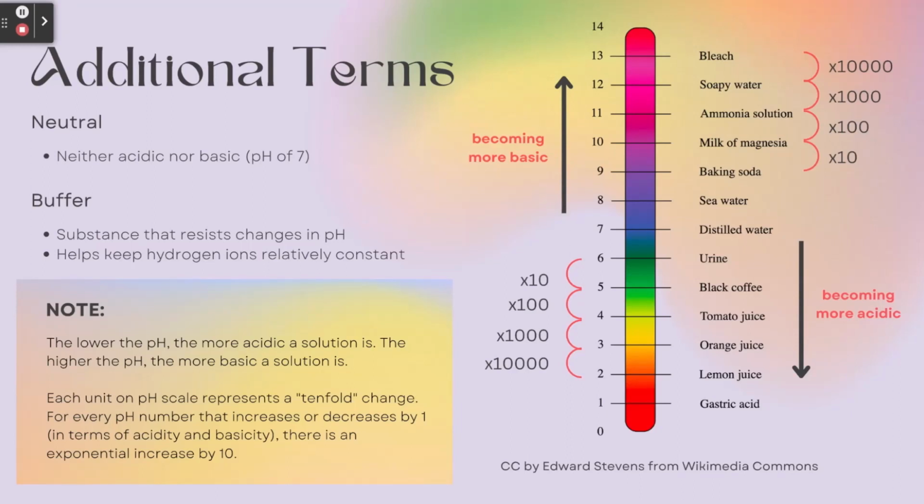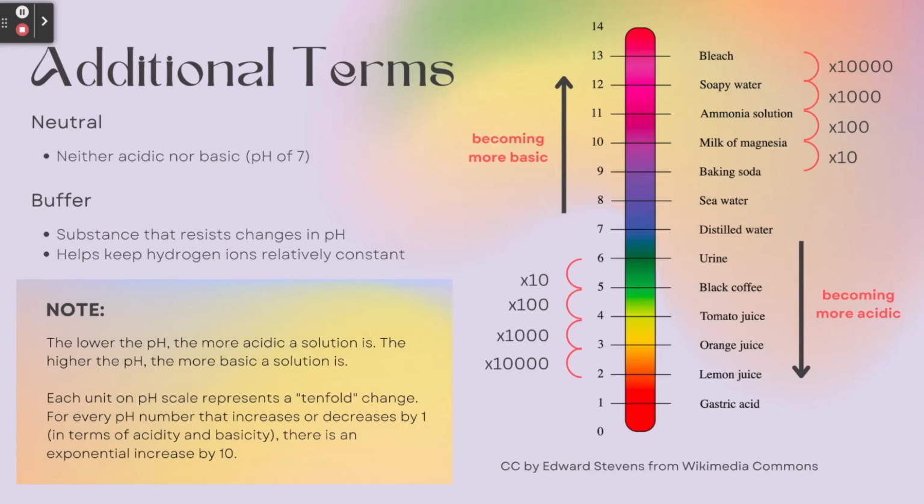So what this means is if I were to compare between a pH of 6 versus a pH of 5, there is a change of pH number, which is 1. But when I'm putting it in a statement, I would not say that a pH of 5 is 1 times more acidic than a pH of 6.